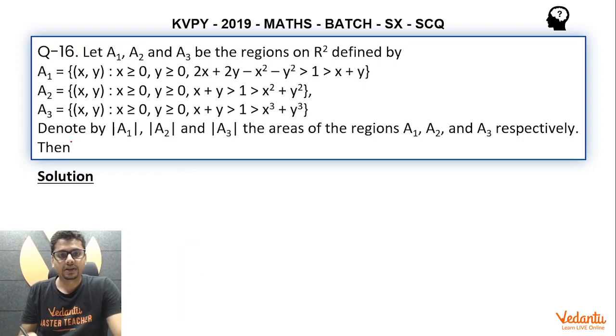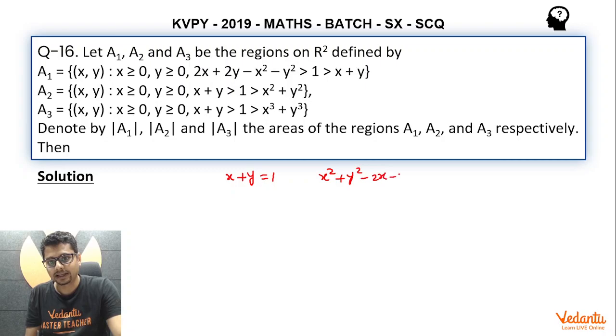Let's explore. Whenever inequalities are involved, we first of all consider the equalities. So the first equality is x plus y equal to 1. It is a straight line with x and y intercepts being 1 each. Next, we have x square plus y square minus 2x minus 2y plus 1 equal to 0.